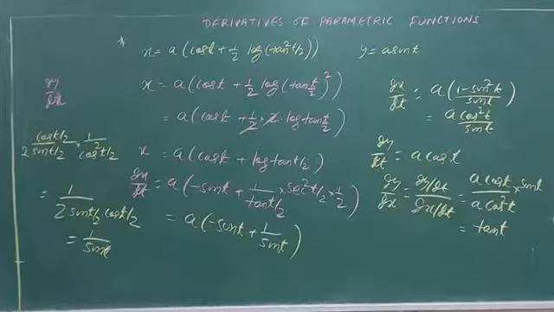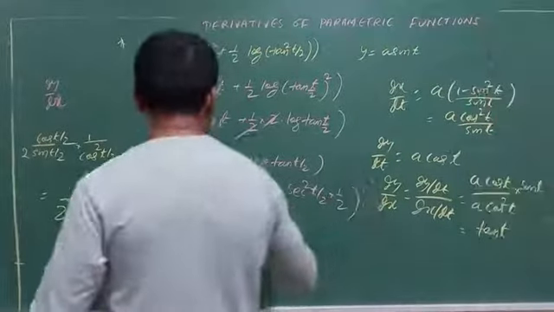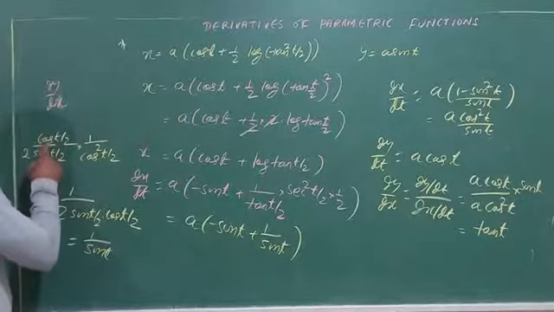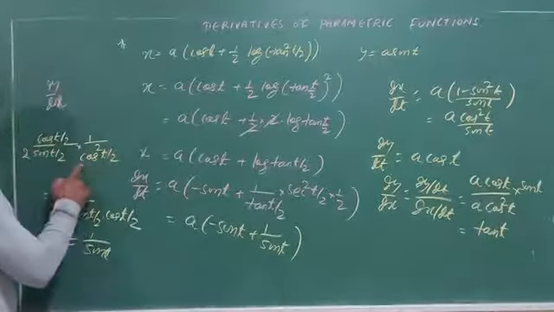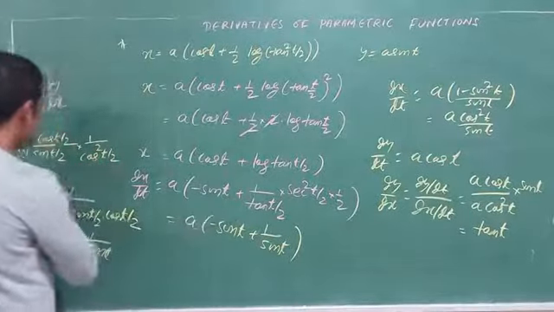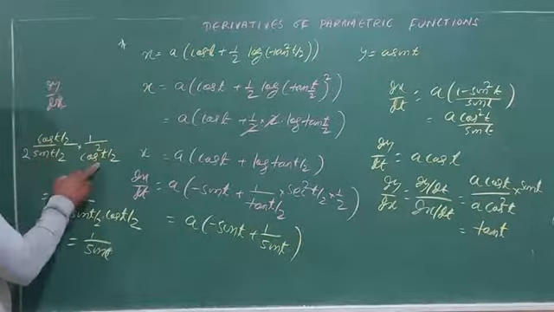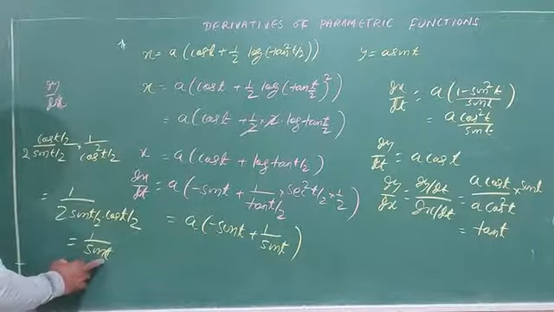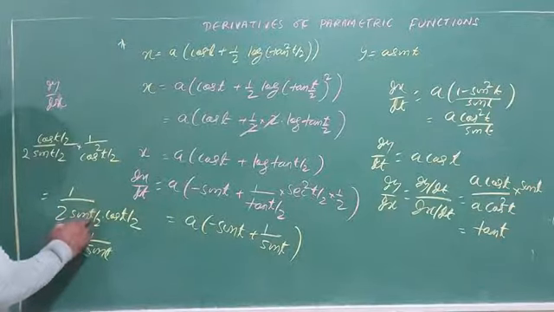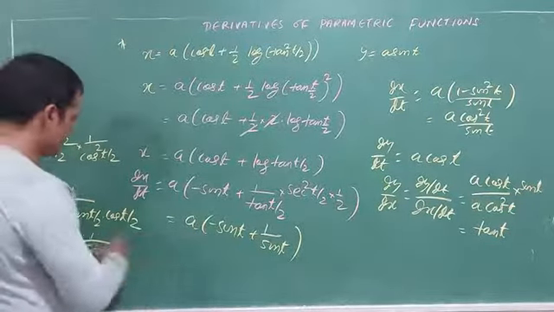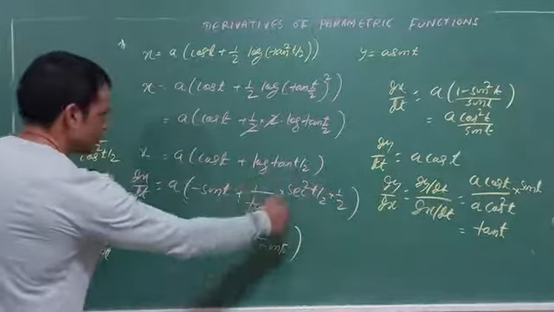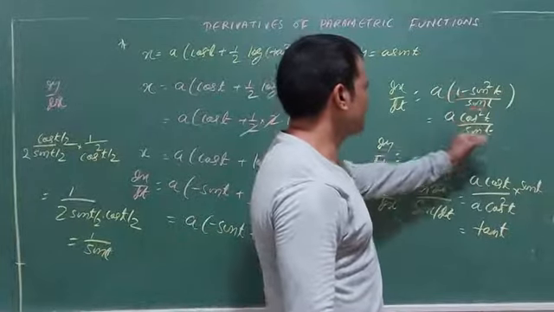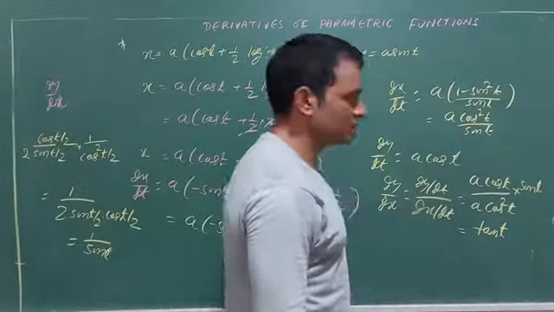Okay, that side was not visible, no? Once more I am explaining this side. 1 by tan t by 2, I wrote as sin by cos. Then sec square t by 2 I wrote in the denominator, that is cos square t by 2. Then 2 is already there, so 2 sin and 1 cos cancel out: 2 sin theta cos theta, sin 2 theta, 2 into t by 2, sin t. That becomes 1 by sin t. Then you see here 1 minus sin square t by sin t. Then divide it with 1.